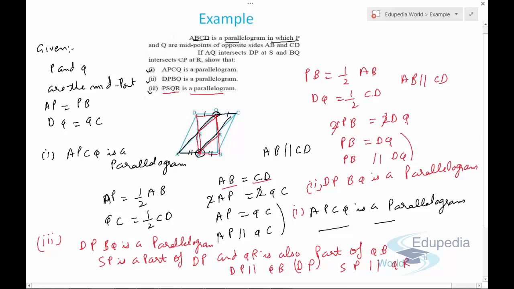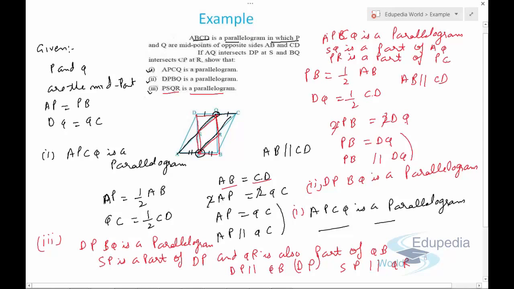Similarly, we have already proved that APCQ is a parallelogram. Then we can see clearly that SQ is a part of AQ, and PR is a part of PC.